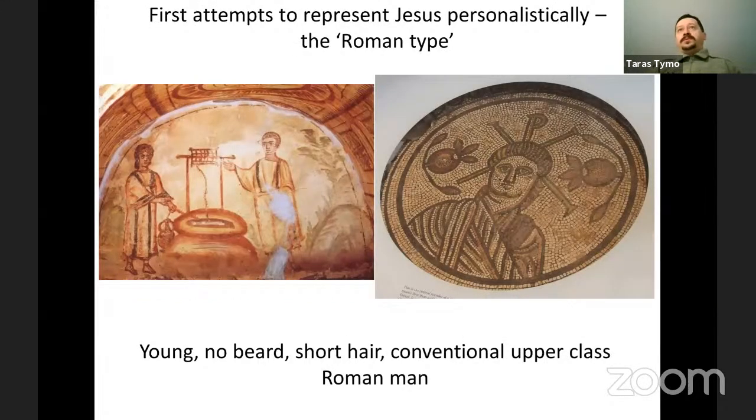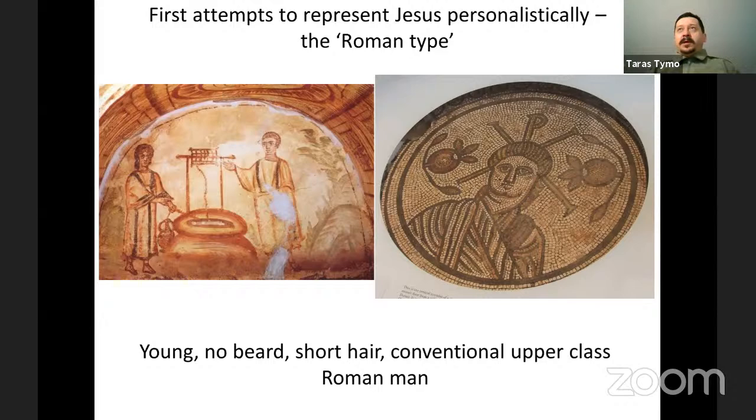But there were also first attempts to represent Jesus personalistically as an actual human being, not just as an image of a good shepherd or anything, but Jesus as such, as a concrete historical person. But those representations, those attempts were far from historical accuracy.